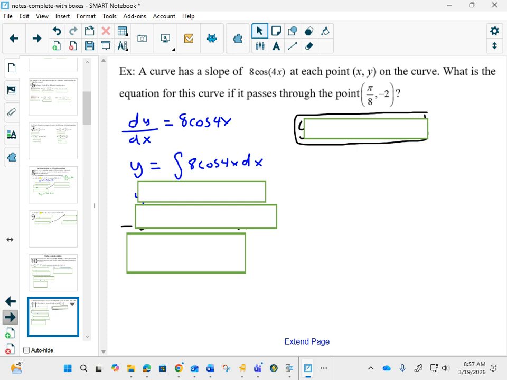All right. Test your integral skills. I'll put that answer up in a second.